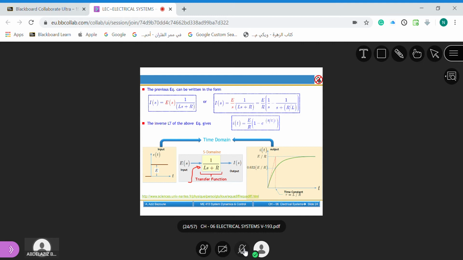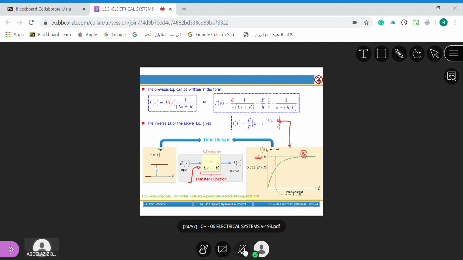And the output response looks like this for a step response. The exact equation is this one, and the plot is this one here. So with time, it goes to the steady state value, which is E over R. E over R is simply equal to I, according to Ohm's law.